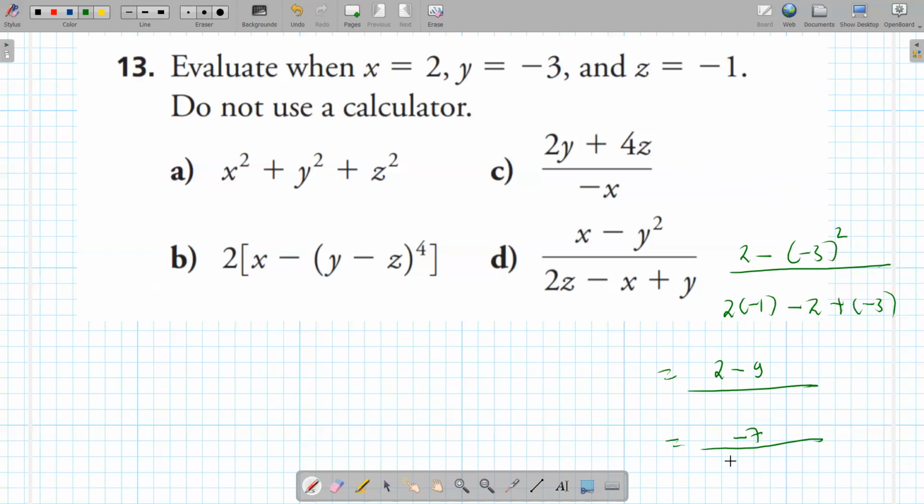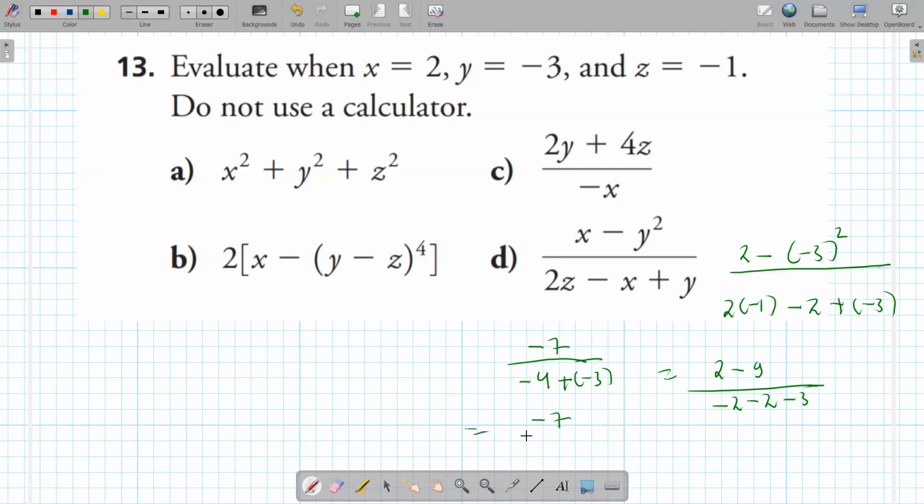What about in the denominator? 2 times -1 is -2. Yeah. So we have -2 minus 2 minus 3. So what happens in the denominator? -2 minus 2 is -4, and then we have a plus -3, which is the same thing as -3.